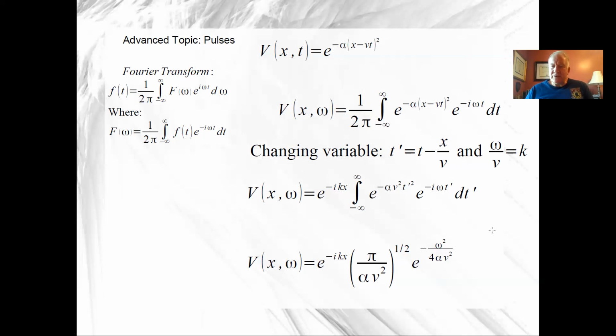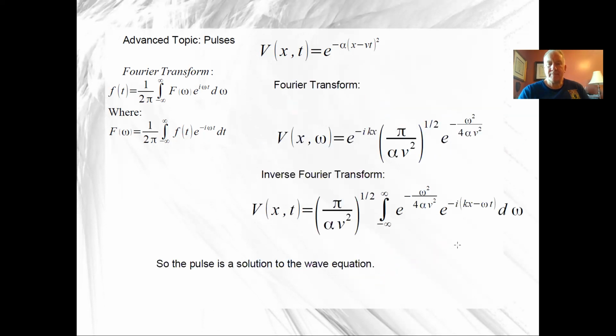And if we do this integral, we end up with e to the ikx, pi over alpha v squared to the 1/2, e to the minus omega squared over 4 alpha v squared. So the pulse is a solution to the wave equation.